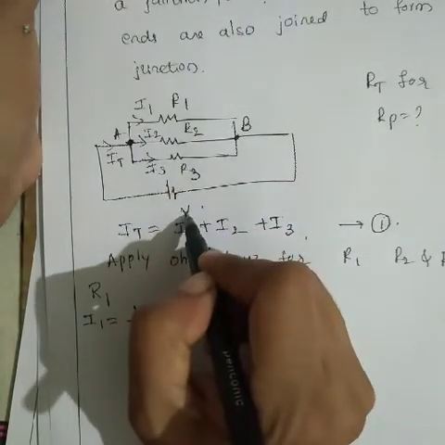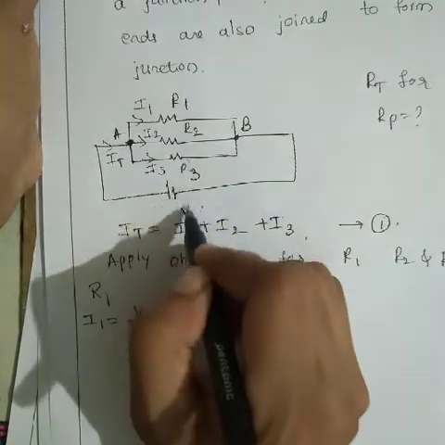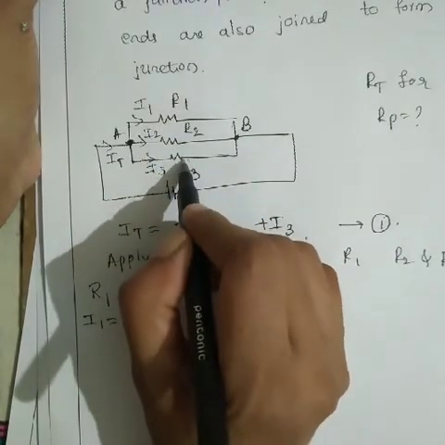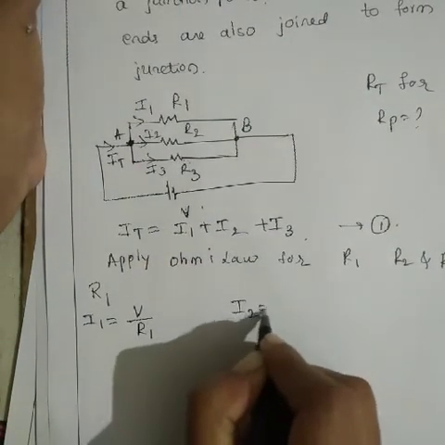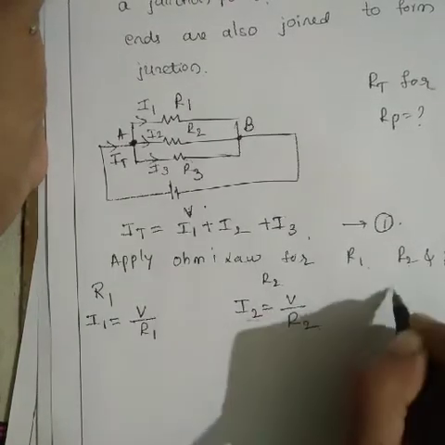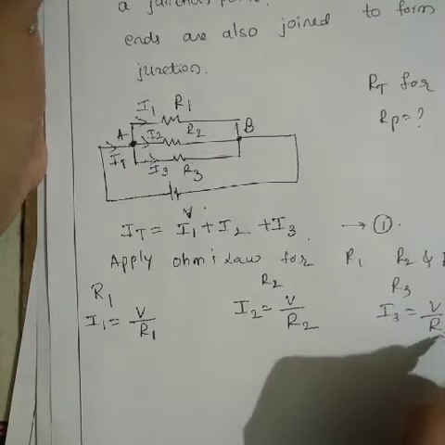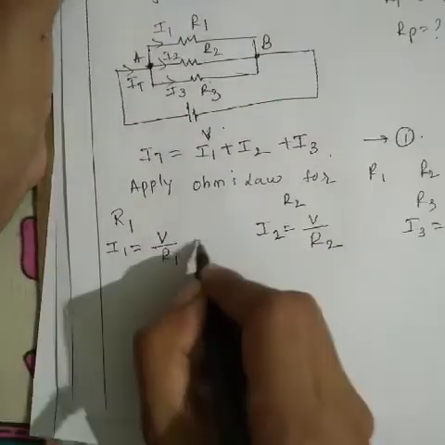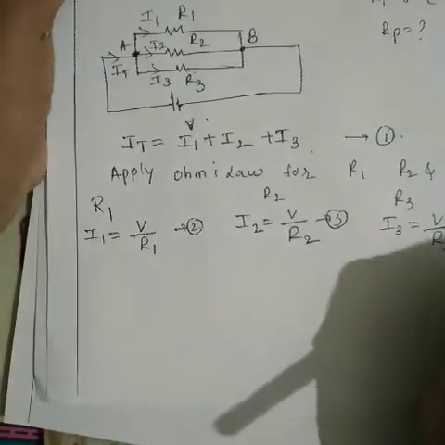The voltage is equal to the potential drop across all resistors. That is, Vt is equal to V1 is equal to V2 is equal to V3. V is the same. Then I2 is equal to V by R2, and for R3, I3 is equal to V by R3. Now you can call these equation number 2, 3, 4.